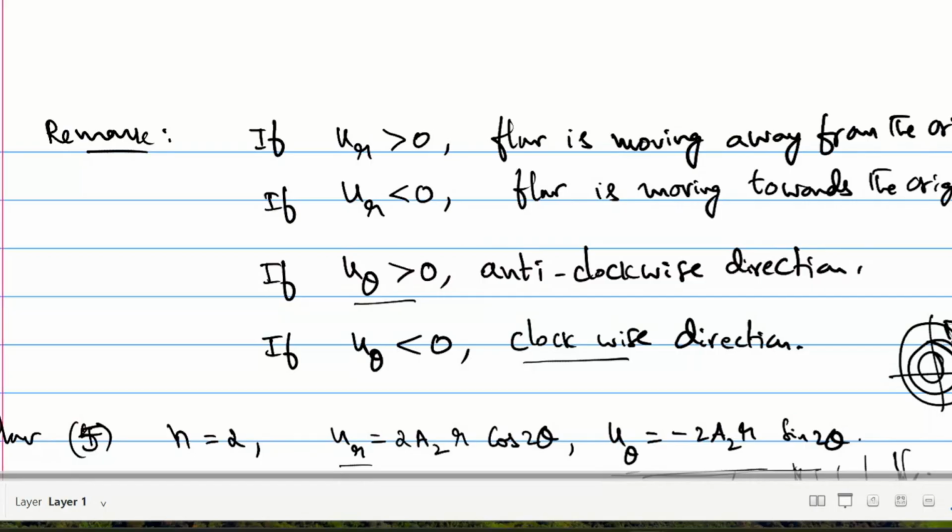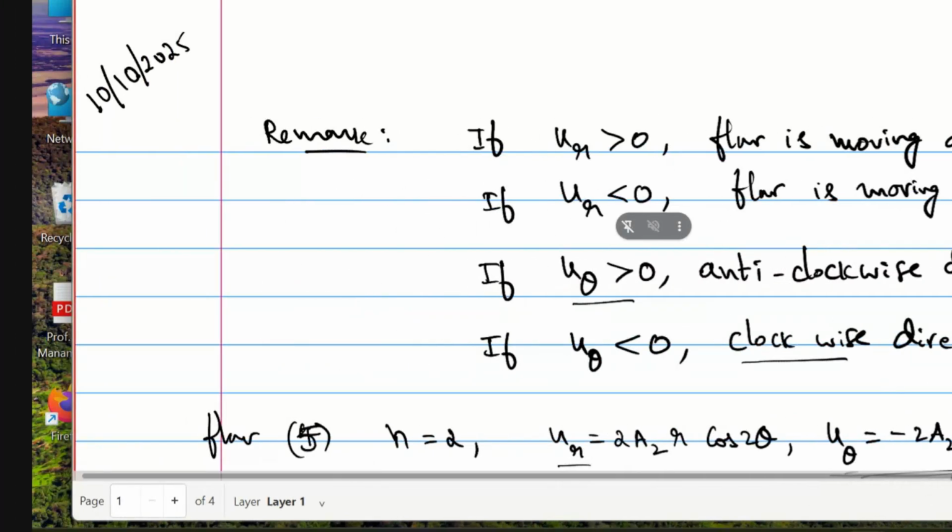You can confirm this using the point vortex flow that you have now, gamma by 2 pi times ln.